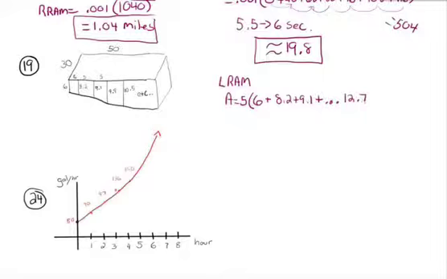We'll stop at 12.7 because once again this height of 13 would extend beyond the pool.